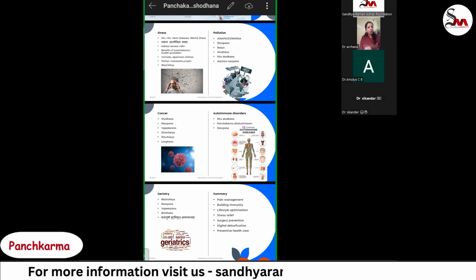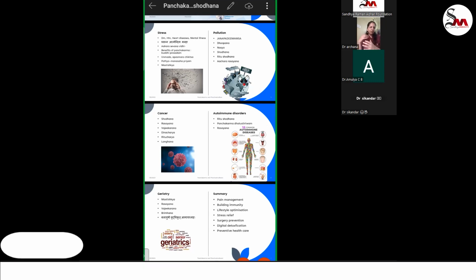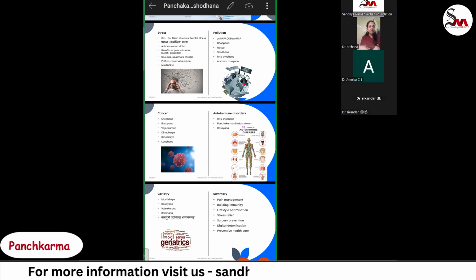And what to do in this? We have Nasya. For instance, I usually suggest Pratimarsha Nasya to patients who travel by two-wheelers in areas where the pollution level is very high, because the Taila we apply through Nasya will have the effect of a filter.